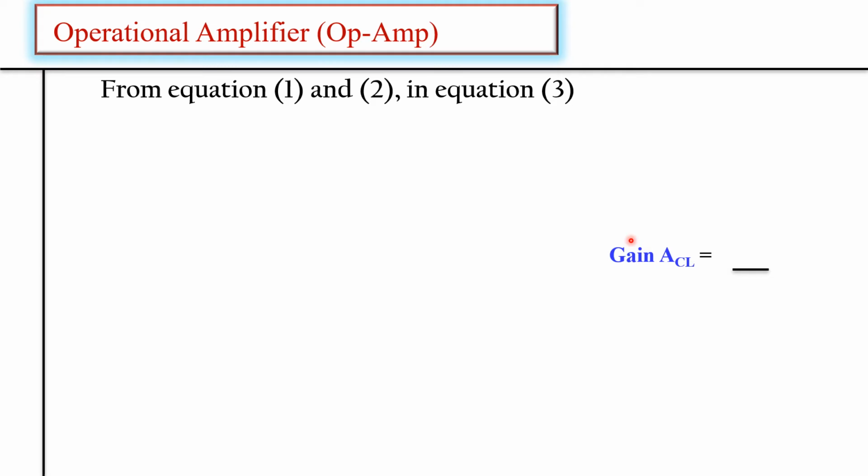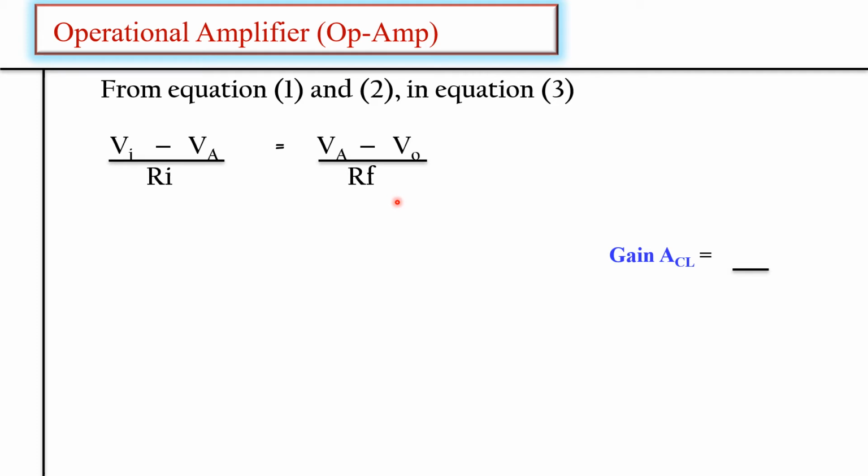So from equations 1, 2 and 3, Vi minus Va upon Ri, that is Ii, the input current flowing through the resistance R1, is equal to If, the current flowing through the resistance Rf, that is Va minus Vo upon Rf, right?